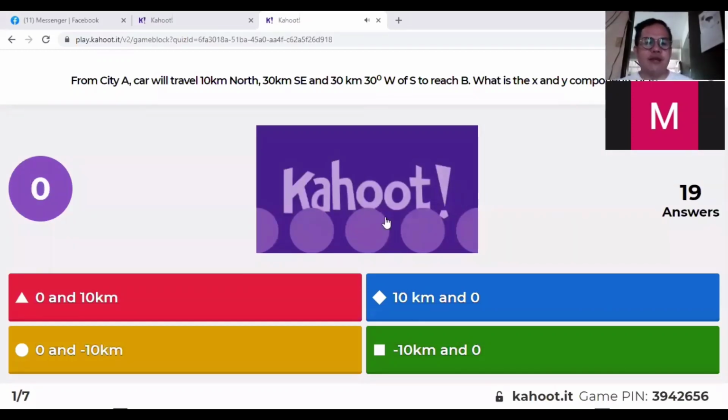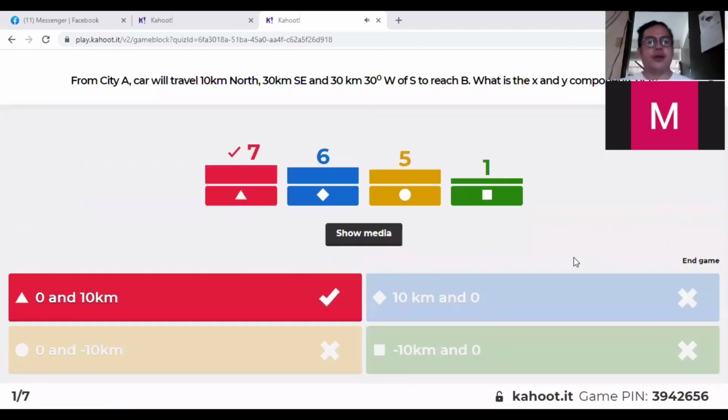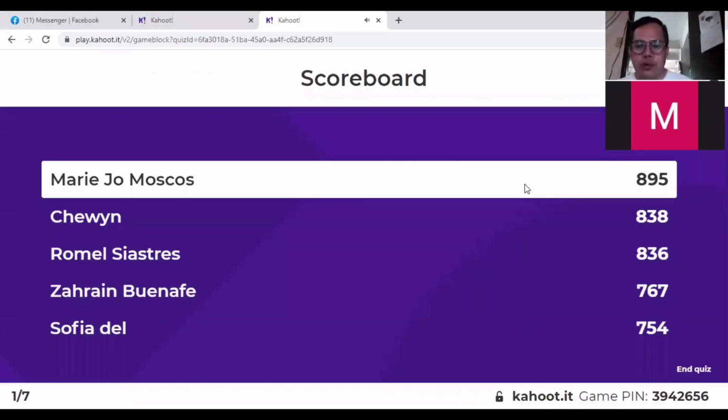All right, so 7 got a correct answer. North, the x is 0. North is positive y, which is positive 10. Okay, so let's go to the answer.